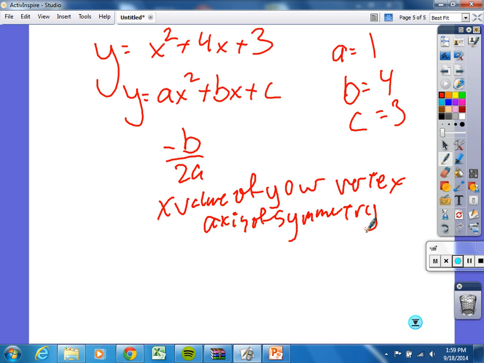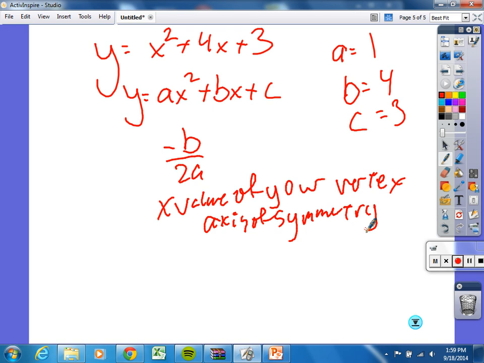Okay? Negative b over 2a will always tell us the x value of our vertex. And if I have an x, what can I always find if I have an equation? I can find the y, can't I? Does that make sense to everyone? Yes, no?